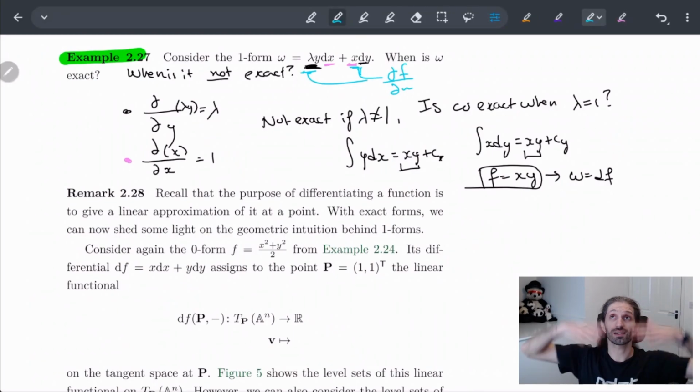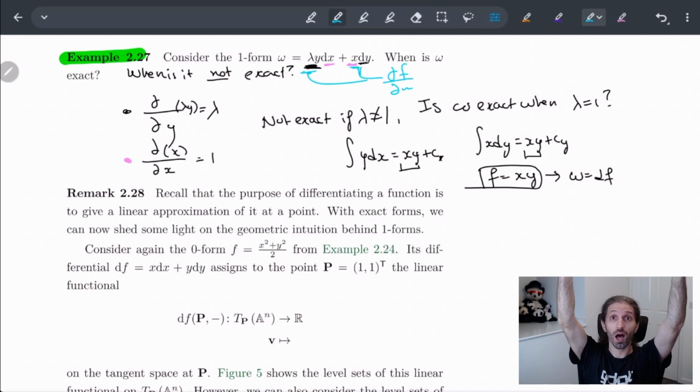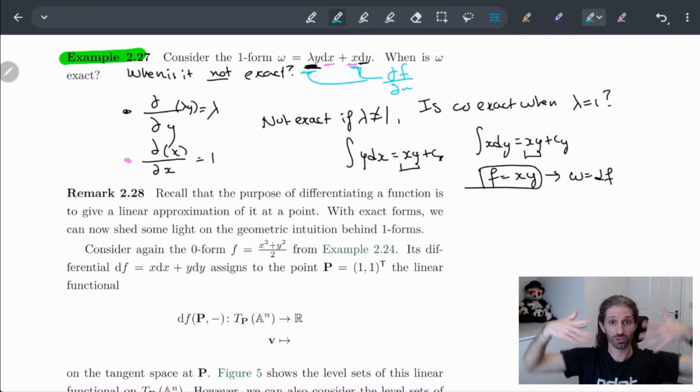So this is going to come from some function and I want to take derivatives. Since I'm assuming these are the derivatives of something, I need to be able to go back up in order to find what the things are. So I need to take the integrals in order to figure out what this function might have been. And that's why I did the integrals.